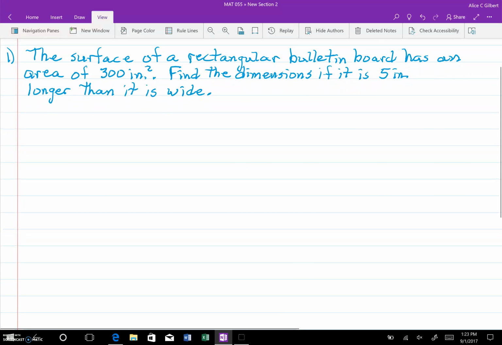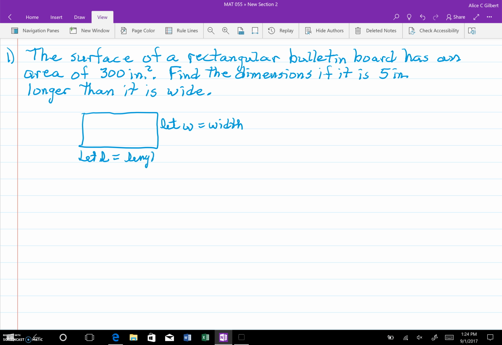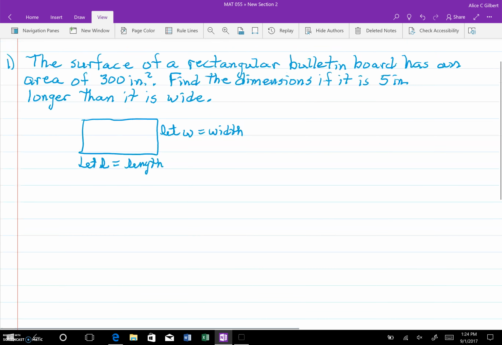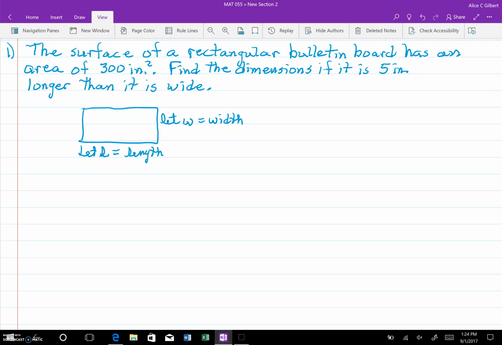So I am going to start by drawing a rectangular bulletin board, and I'm going to now assign my variables. I'm going to say let W equal the width, and then I'm going to say let L equal the length. Okay, now it says the surface of a rectangular bulletin board has an area of 300 inches.